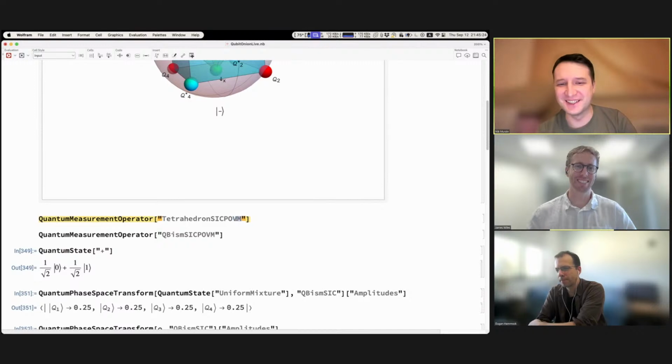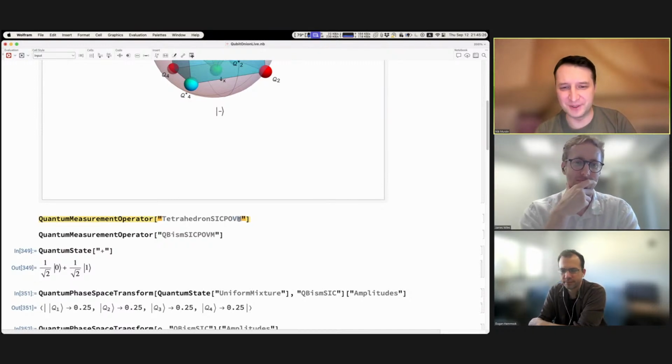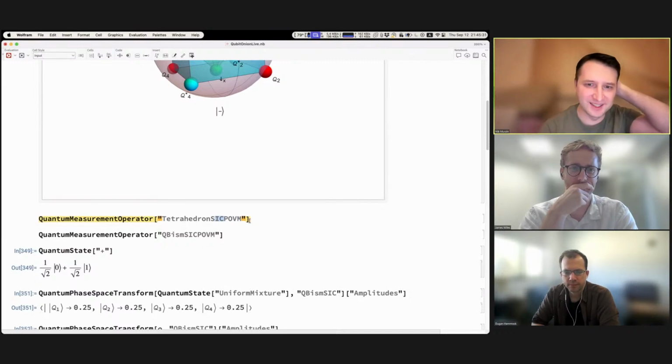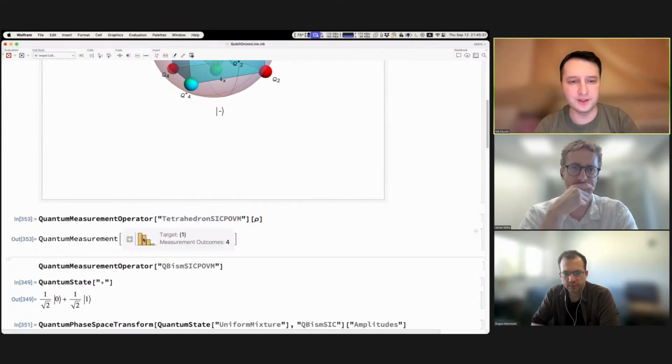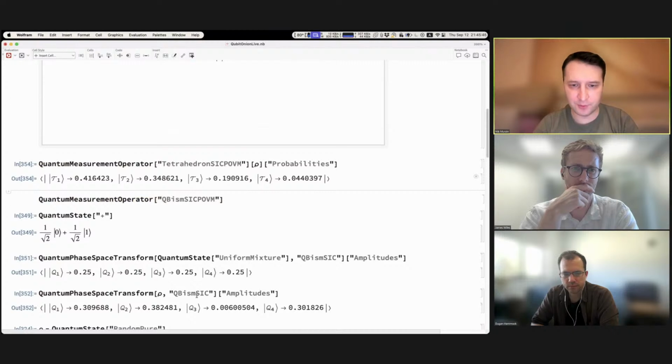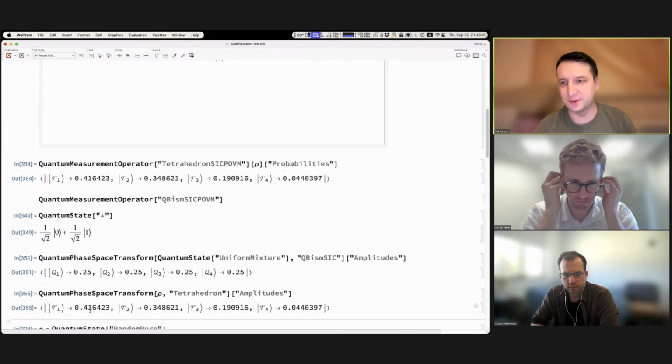Right. The most important thing is that it's a measurement, and that it's informationally complete. Informationally complete essentially says that if you measure the state, because this is just an operator, and you get the probabilities out, you get the quantum measurement object. But if you just want the probabilities, it's essentially the same probabilities that we get when we convert to the basis.